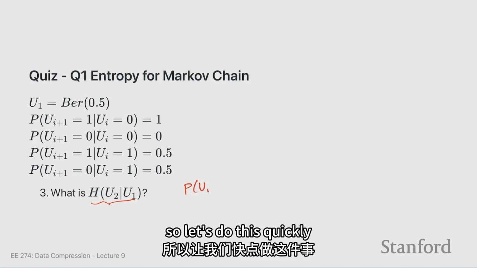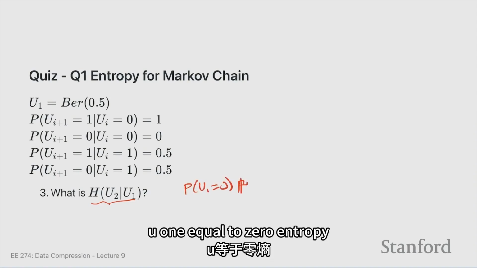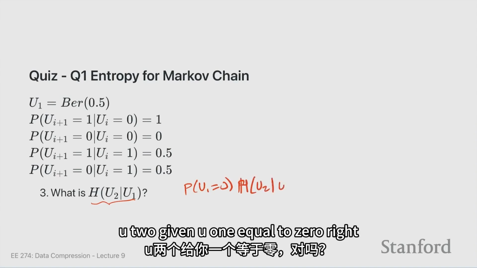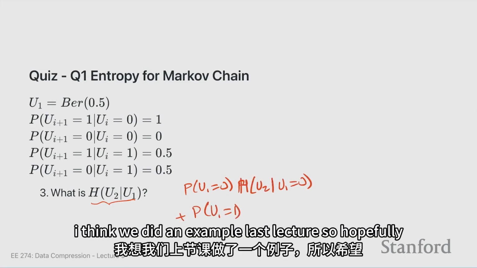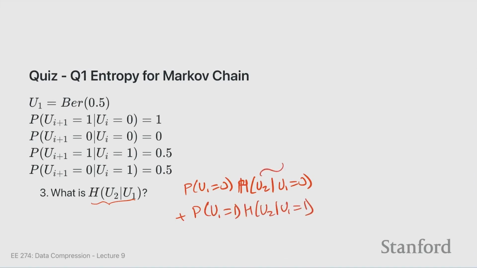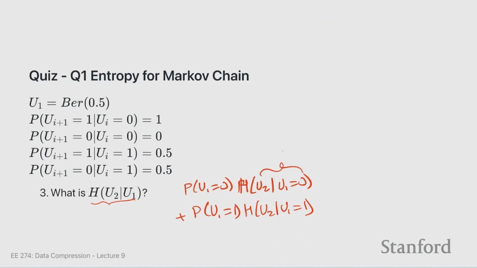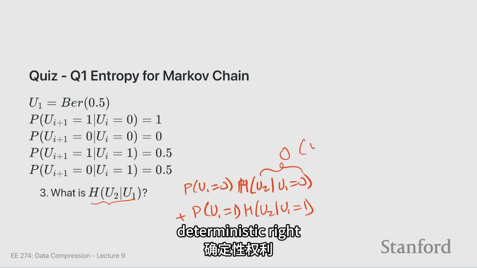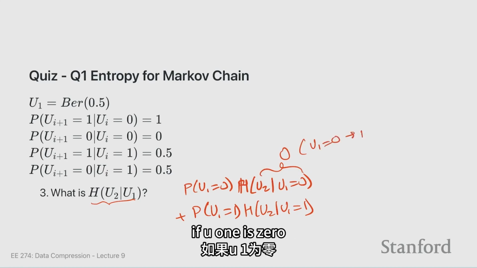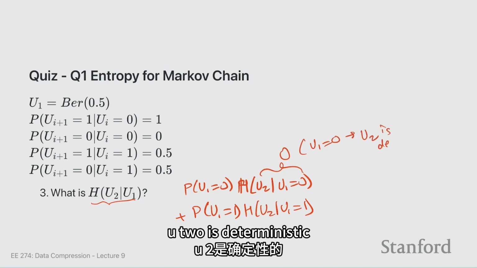Let's do this quickly. U1 equal to 0, entropy of U2 given U1 equal to 0. I think we did an example last lecture, so hopefully you all remember. If U1 is 0, U2 is deterministic.